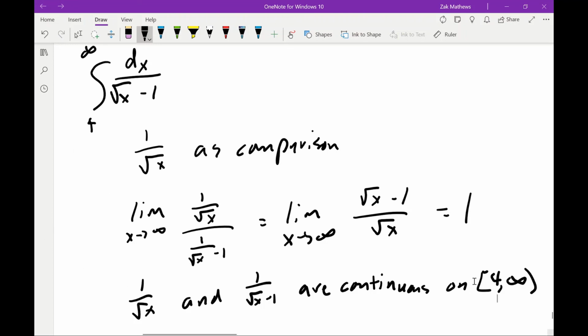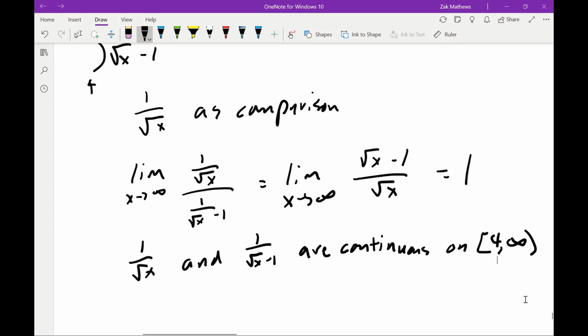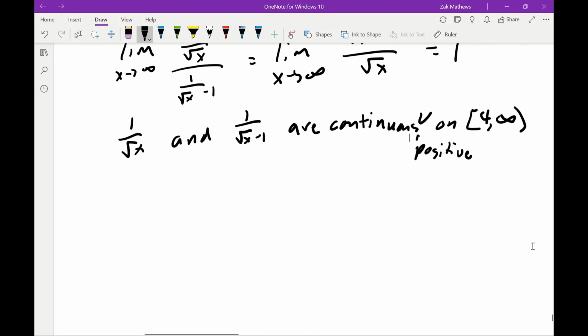So on the interval, they are continuous. And they are also both positive. I should just add that in there, positive. Would it be positive from 0 to infinity? No, it wouldn't. But on the interval that we are concerned about, yes, they are. So I can apply my limit comparison test.